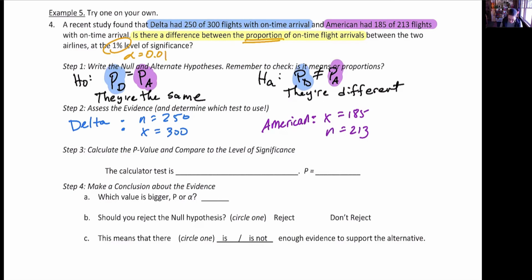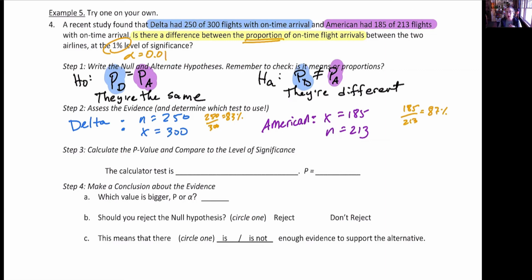So I have my statistics here. I could figure out the proportion of on-time flights: 250 divided by 300 is 83% on time. American, 185 divided by 213, is 87% on time. They have different proportions. The question is whether it is a significant enough difference to say that American has more on-time flights.